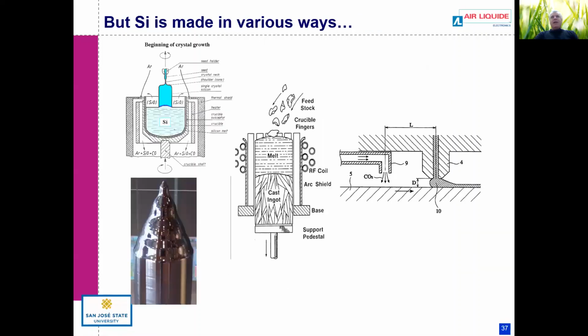So anyhow, here's a typical melt processing, right? This is how you make the hyperpure silicon. You start with the feedstock, which is actually silane, SiH4, or it could be chlorosilane, SiCl4.